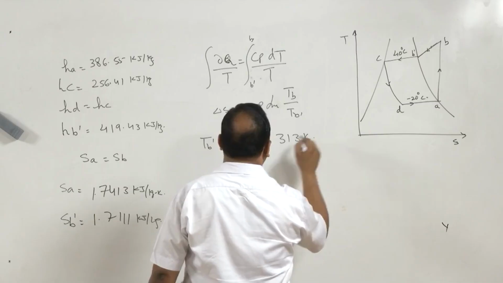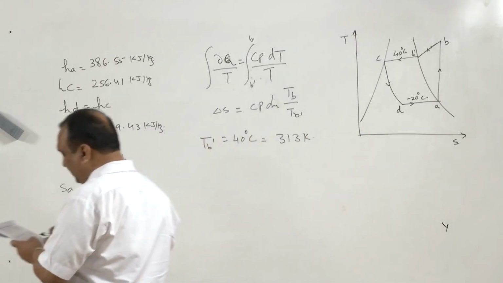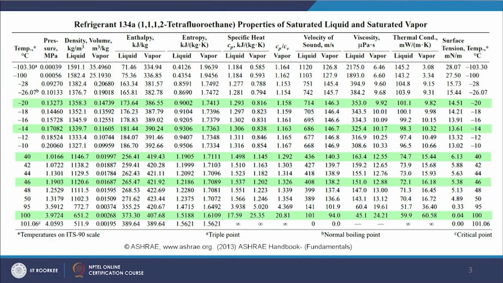So, Tb dash is 40 degree centigrade or 313 Kelvin. The value of Cp at 40 degree centigrade vapor is 1.145 kilojoules per kg Kelvin.